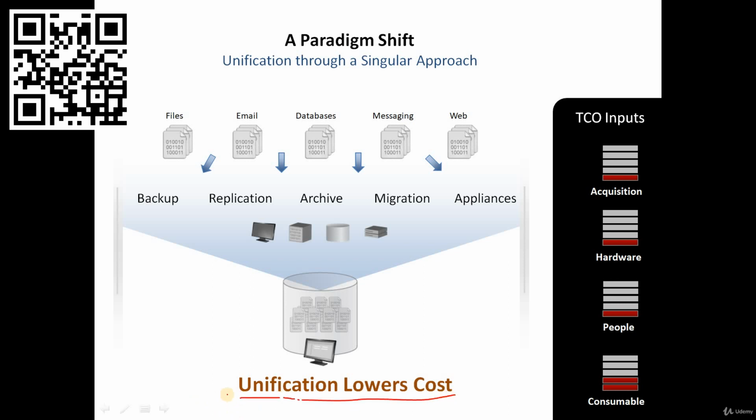The first thing we are doing is unifying all these methodologies into one platform. So using a single platform I can do all these options and I can manage my data. And when I am using a single platform, automatically my cost of ownership, my hardware, the people that are required to manage, and the consumable cost will come down.